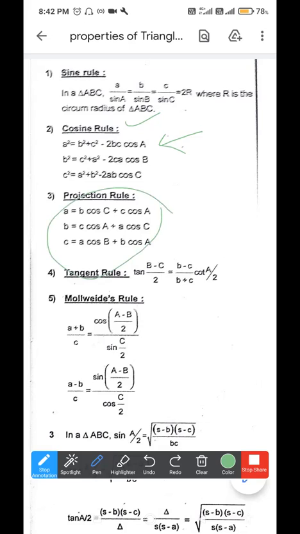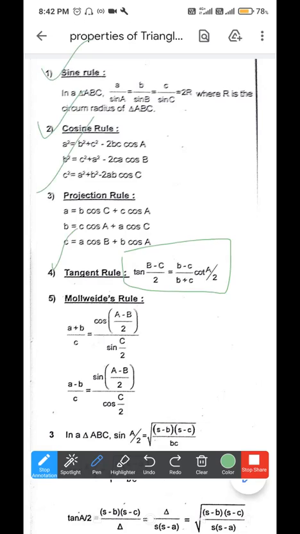What is the projection rule? a is equal to b cos C plus c cos B. b is equal to c cos A plus a cos C. And c is equal to a cos B plus b cos A. Then the tan rule: tan of (B minus C) by 2 is equal to (b minus c) by (b plus c) into cot A by 2. Sine rule, cos rule, tan rule, and projection rule.